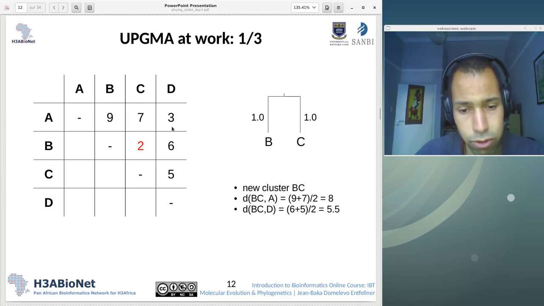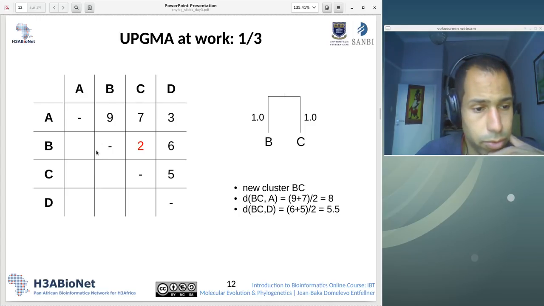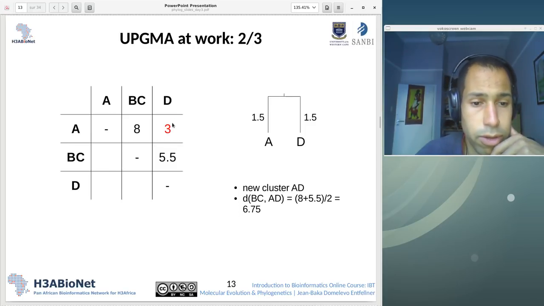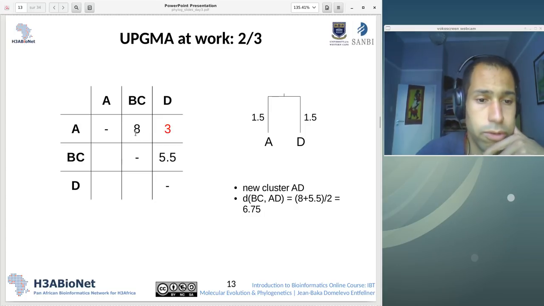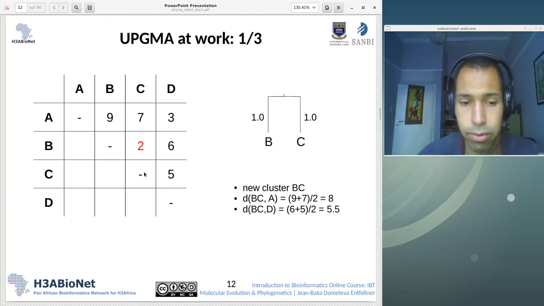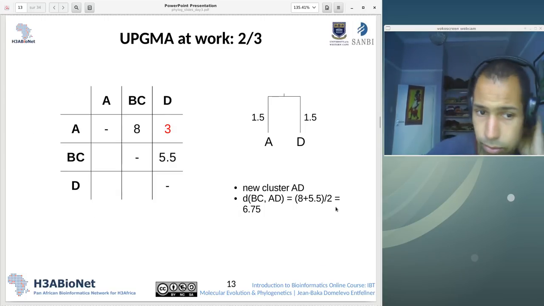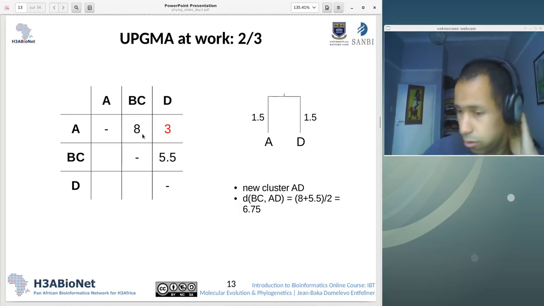Okay, nothing changes concerning the distance between A and D. It's the only one that remains. A and D was a distance 3, and we'll keep that. Okay. So this 3 remains, A to D is there, and we have our new distances, A to BC 8 and BC to D 5.5. Okay? That's what I wrote here. 8 and 5.5. Right.